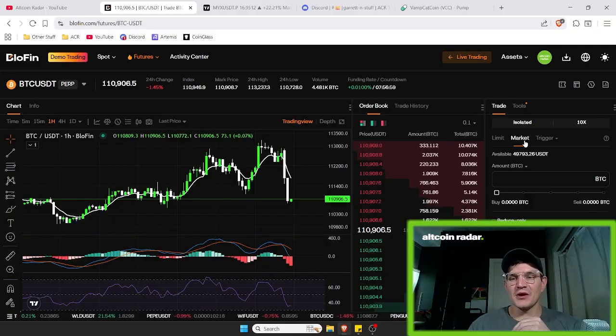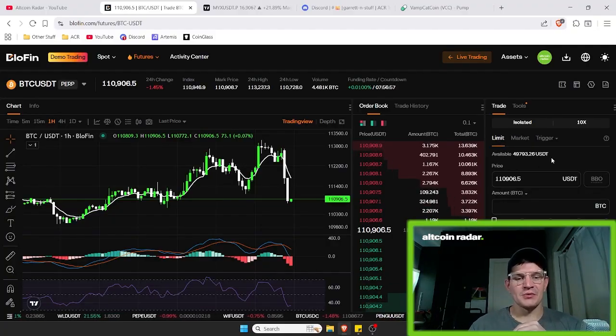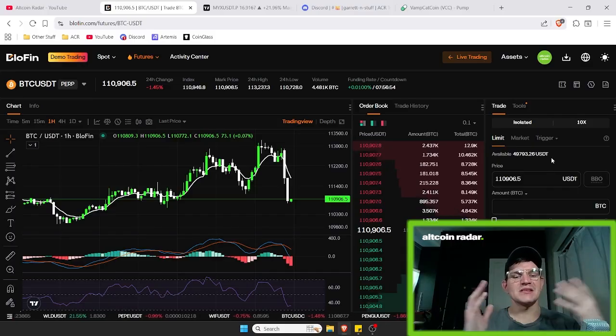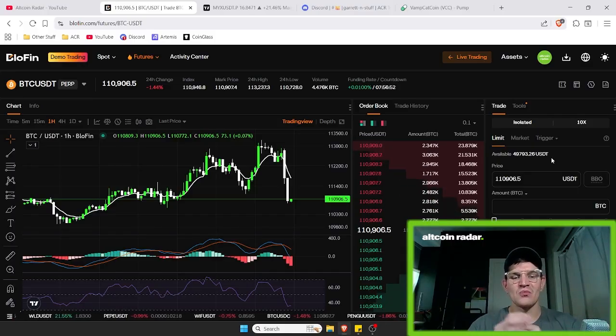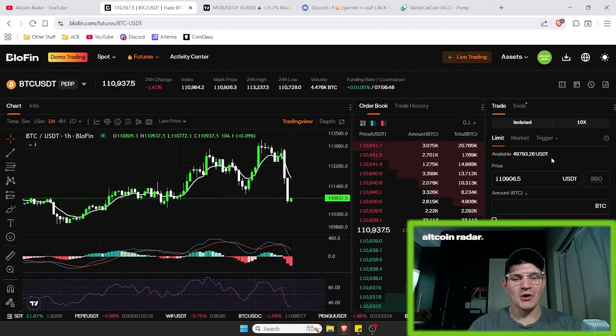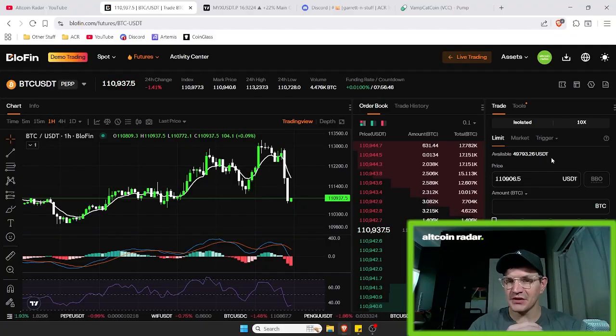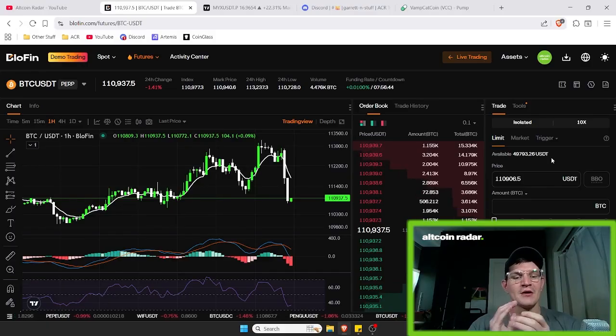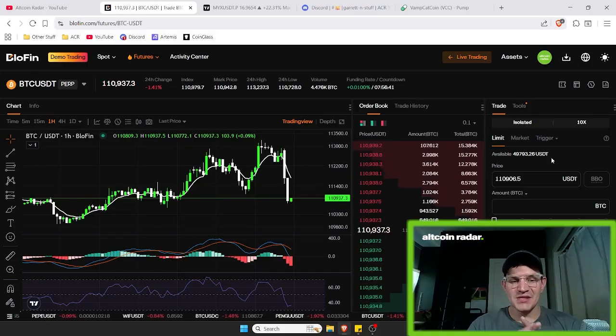So next up, we are going to talk about limit orders here real quick. Limit orders basically let you set the exact price at which you want to buy or sell, and your order will only execute when the market reaches that price, if there's enough liquidity to fill your order. For example, you set a limit buy order at $49,000 for Bitcoin.